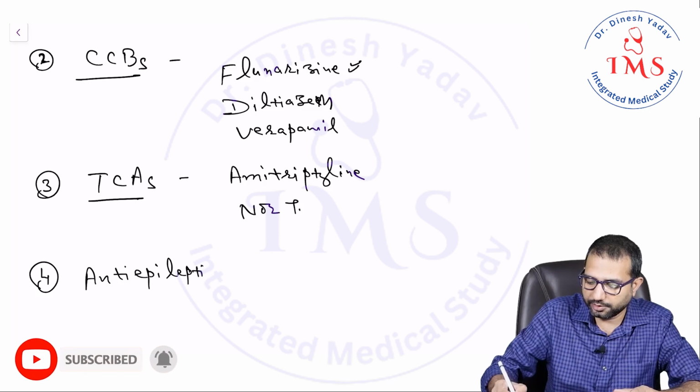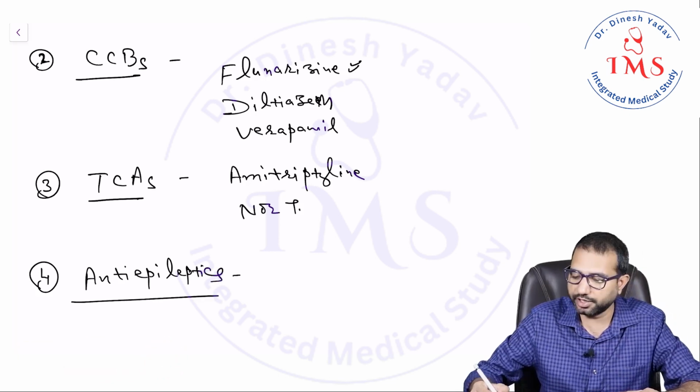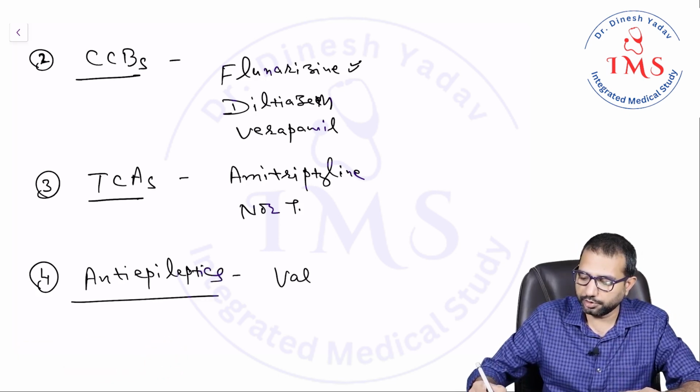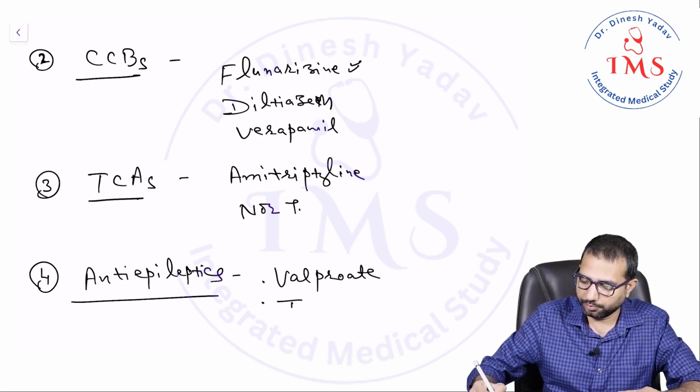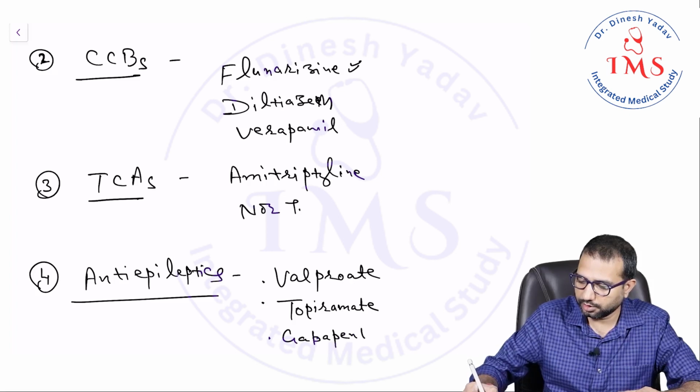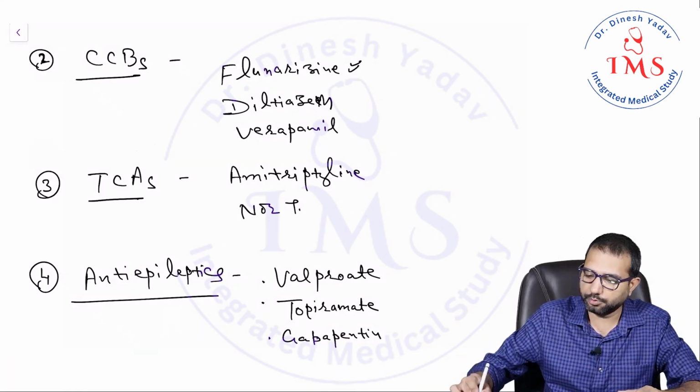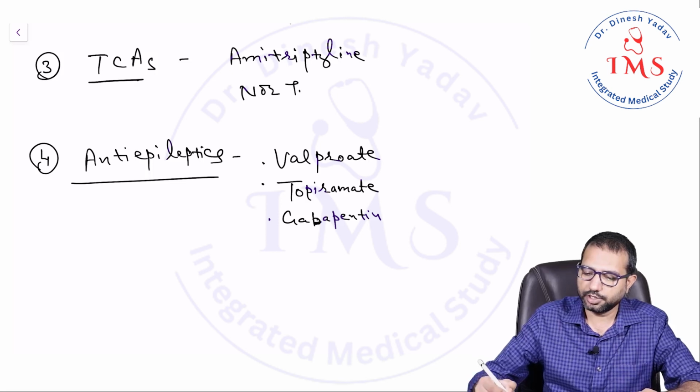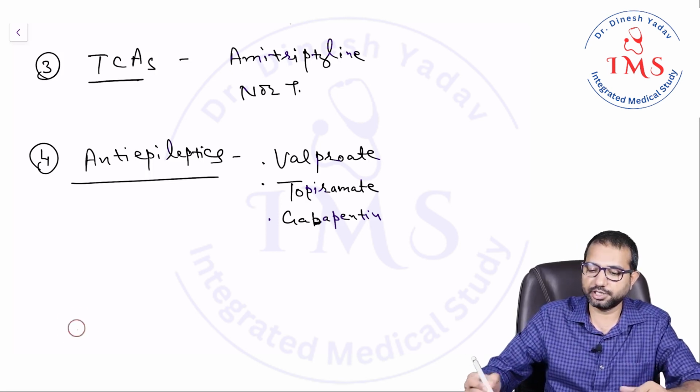Out of these anti-epileptics, the drugs which are used in migraine, the important ones are valproate, topiramate, gabapentin. These drugs have a role in migraine patients.